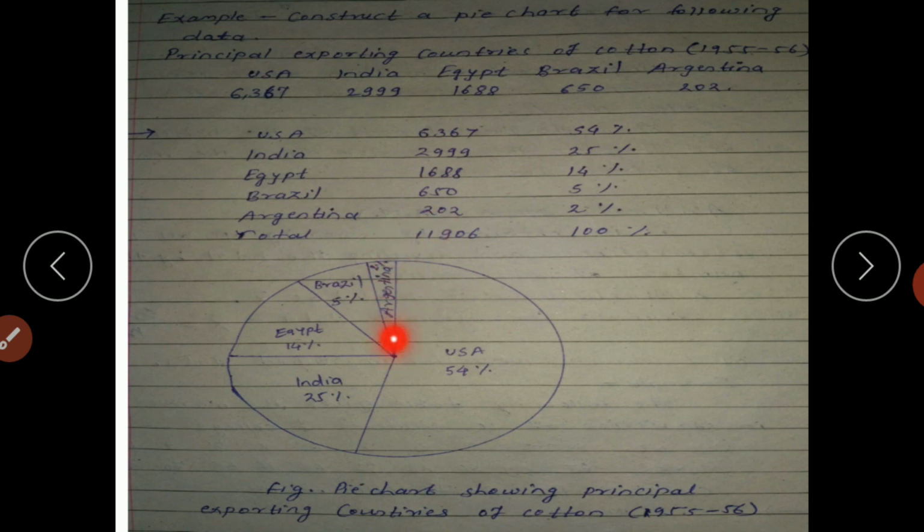So the 3.6 degrees represent the 1%. I hope you are getting this point. So we can multiply this 54 by 3.6, and whatever degree we get, we simply draw these points. So this is the pie chart showing principal exporting countries of cotton in 1955 and 56.